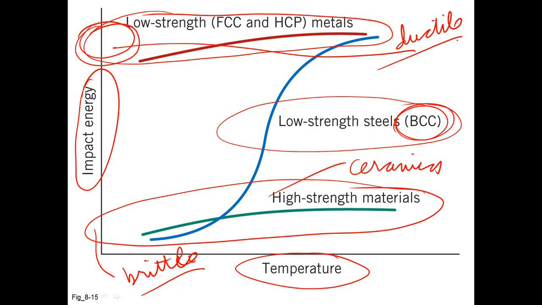And so that's quite disconcerting, simply because you would like a material whose impact energy doesn't vary with temperature, but in this case the low carbon steel samples do. So let's just review a little bit.